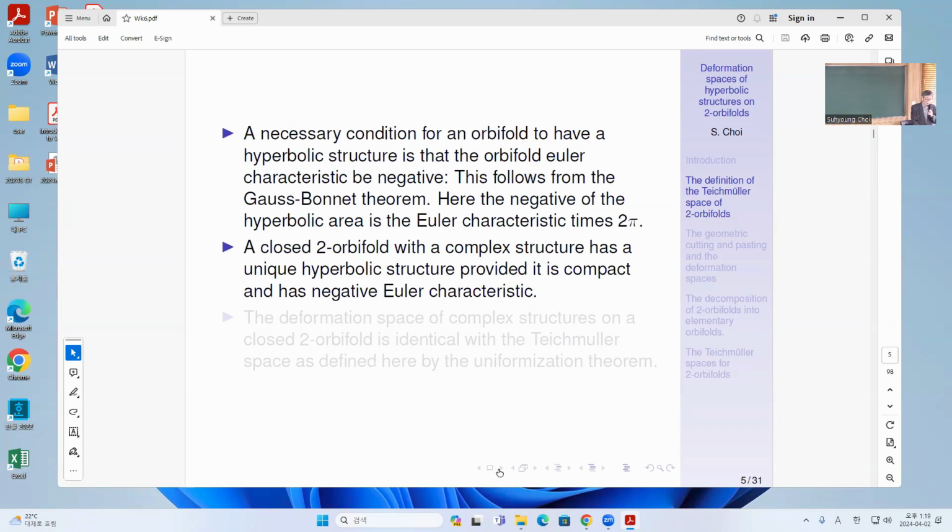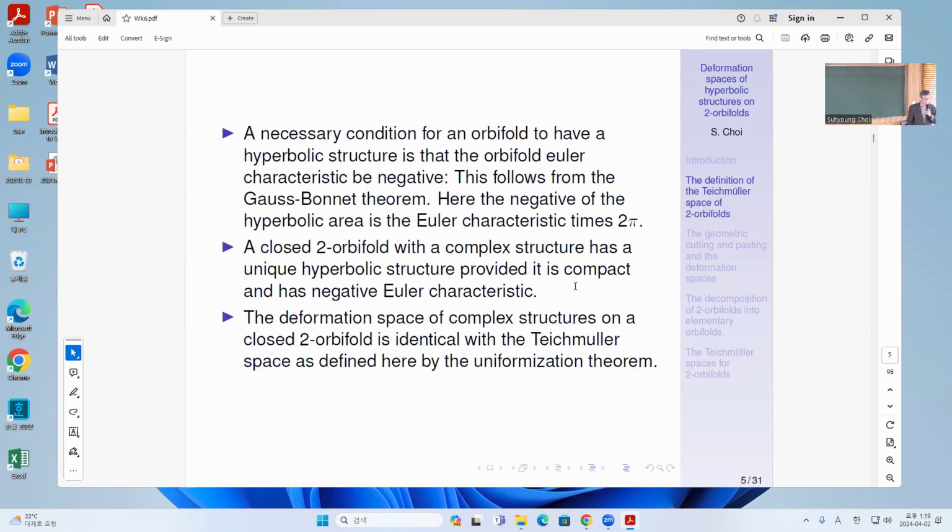So the deformation space of complex structures on a closed orbifold is again identical with the Teichmüller space as defined here, by the uniformization theorem. So you have a complex structure, then you can also define the deformation space of complex structures by the same argument. So the complex structure is defined by an atlas of charts with the transition functions being complex analytic functions, right?